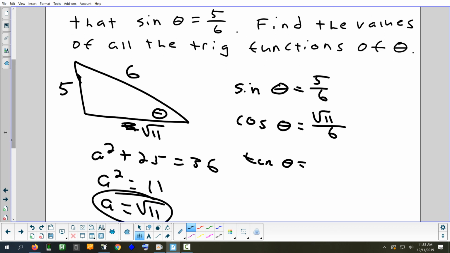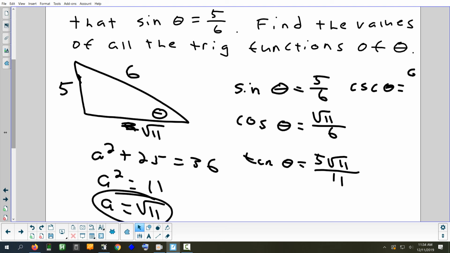Yeah, it would be 5 over the square root of 11, but once you fix it, 5 square root of 11 over 11. If 5 and 11 reduced on the outside of the root, if it was like 6 over 12, you can reduce that. Okay, cosecant, 6 over 5. Secant, 6 square root of 11 over 11.